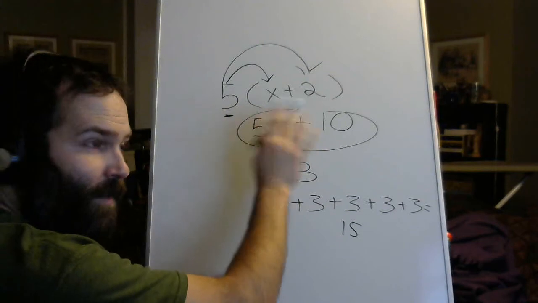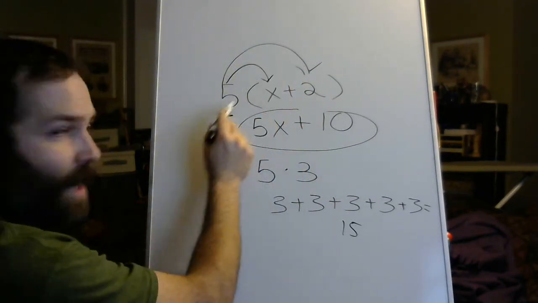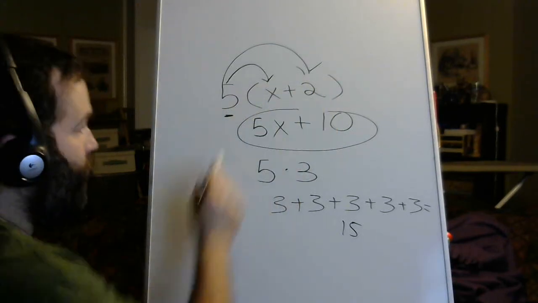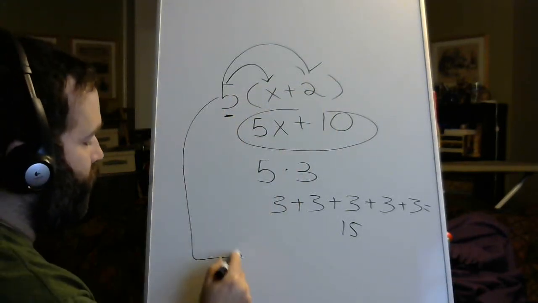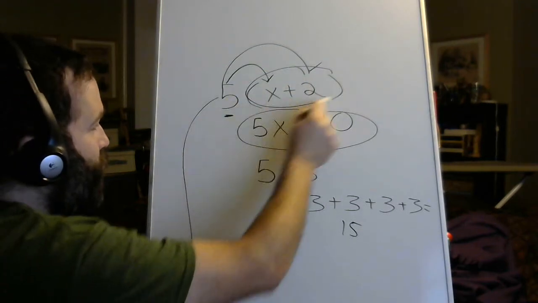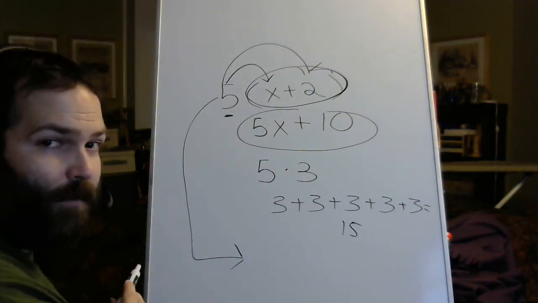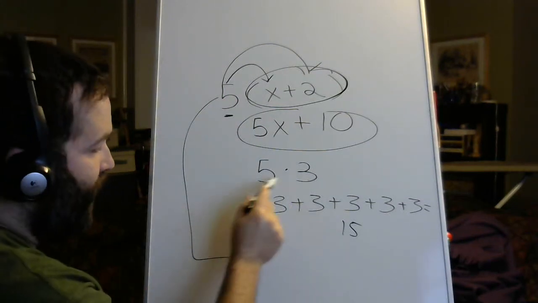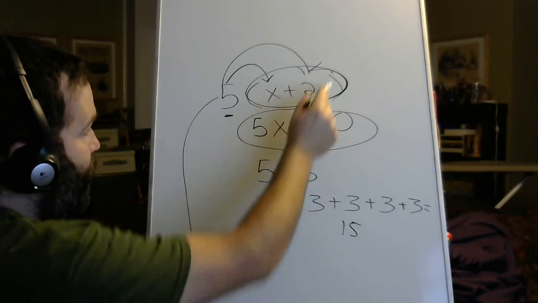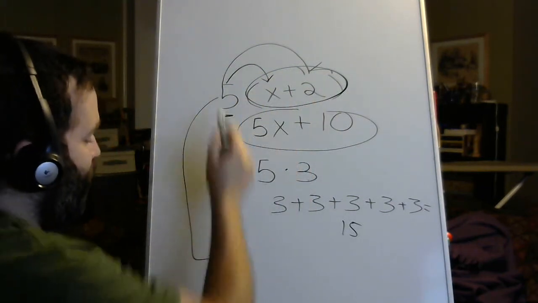In algebra nothing changes. When I have this problem up here and I have 5 times x plus 2, that's going to be x plus 2 added to itself 5 times. Just like the 3 was added to itself 5 times here. Here it's going to be the x plus 2 added 5 times.